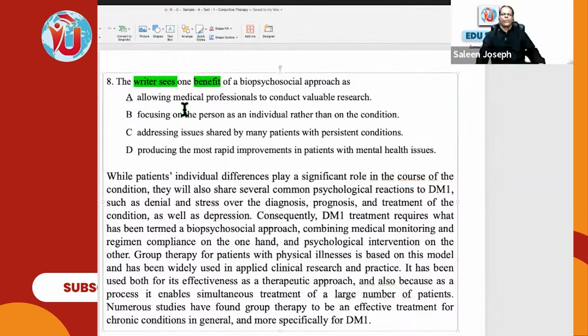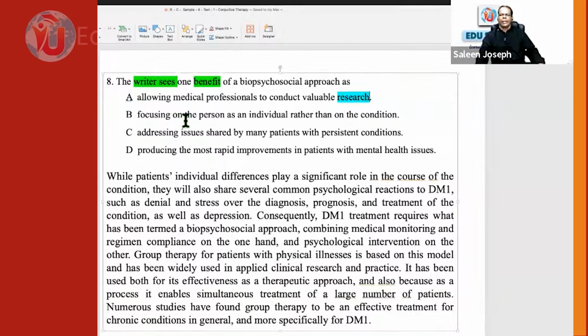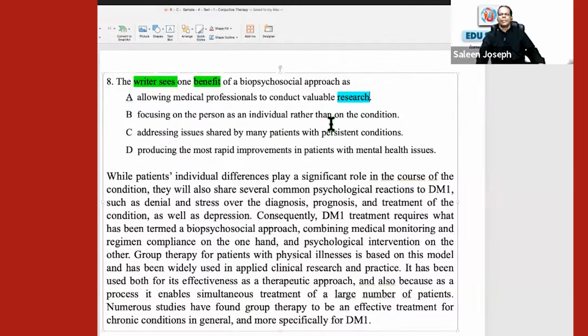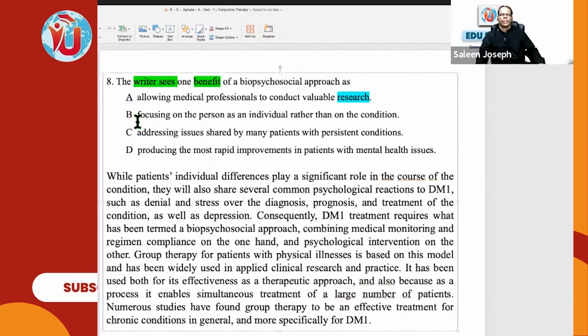So first option, allowing medical professionals to conduct valuable research. Valuable research. Research or valuable research, anything you can highlight. You can highlight adjectives also. Then second option, focusing on the person as an individual rather than on the condition. Focusing on the person.